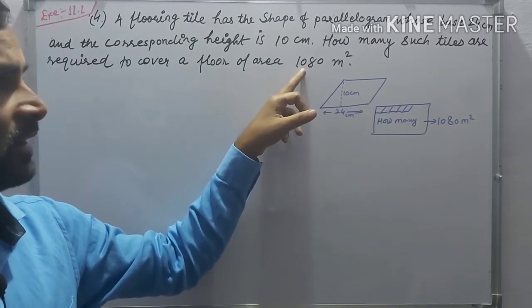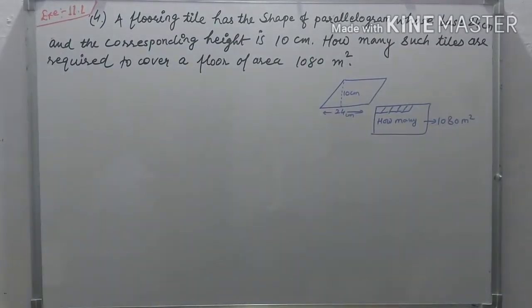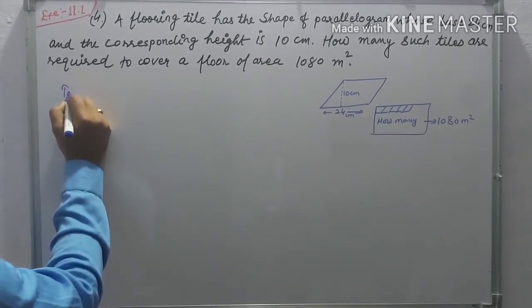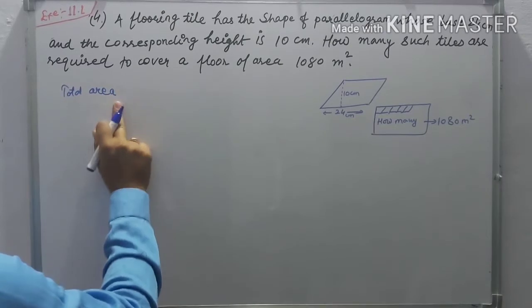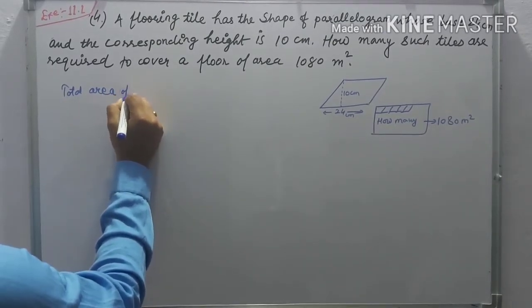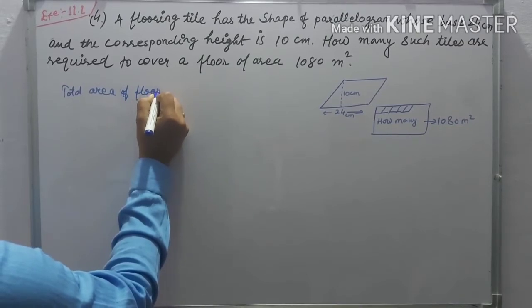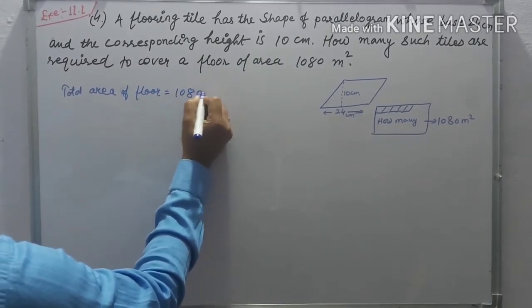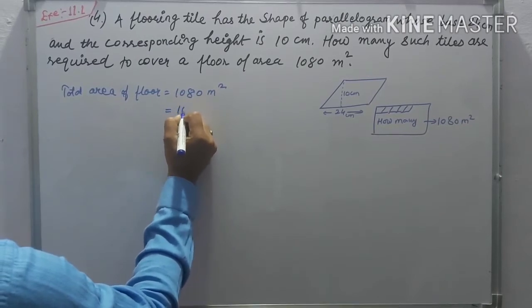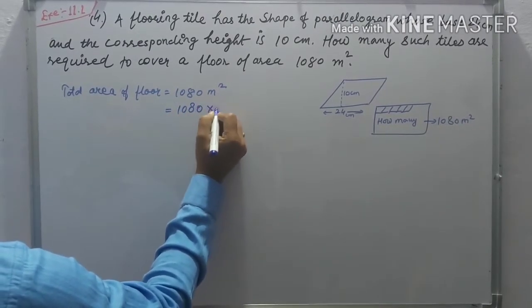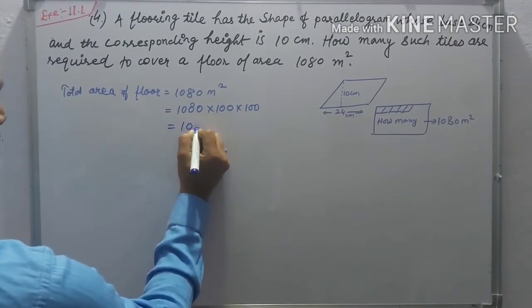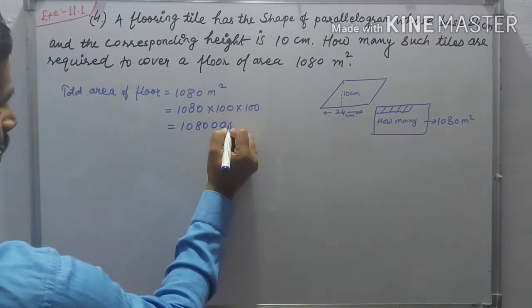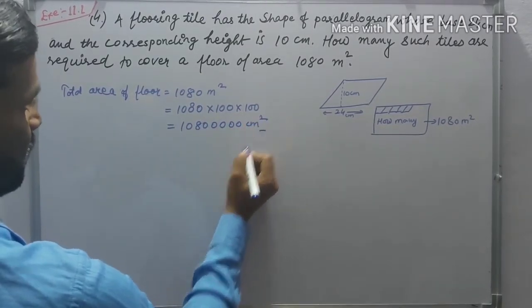So first we change the area into centimeter. Write the total area of floor: 1080 meter square changed into centimeter by multiplying by 100 two times, which is 1080,0000 centimeter square.